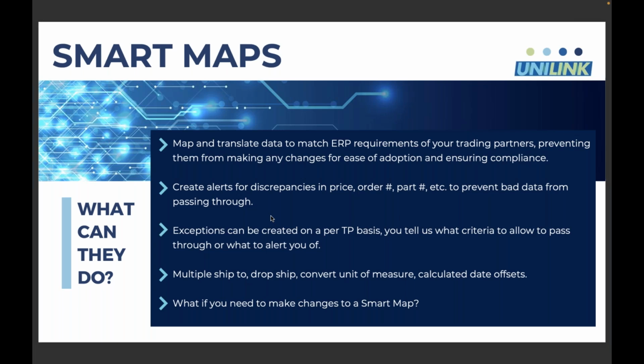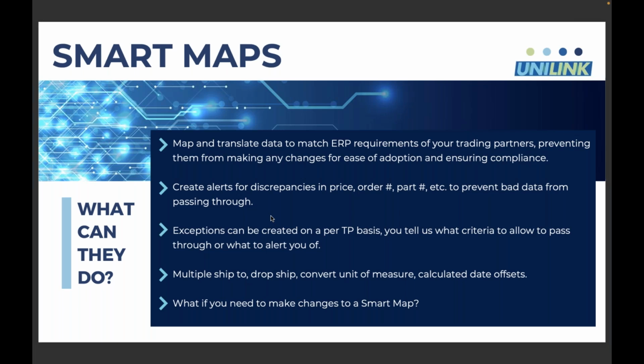So the client had me build a cross-reference and look for a ship to ID. According to which ship to ID was in the file sent from the trading partner, I adjust the dates accordingly so that the ship date and promised delivery date are reasonable. The why behind the smart maps is to enforce your business rules without having to have someone manually look into your files.